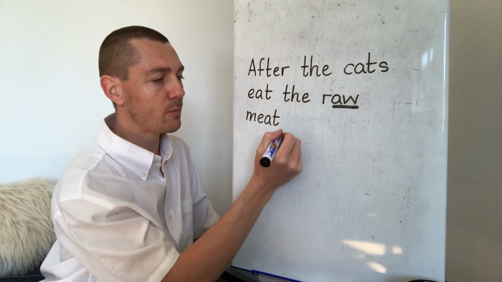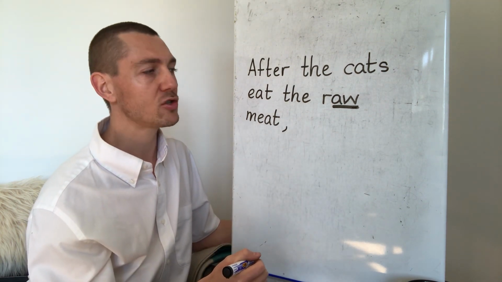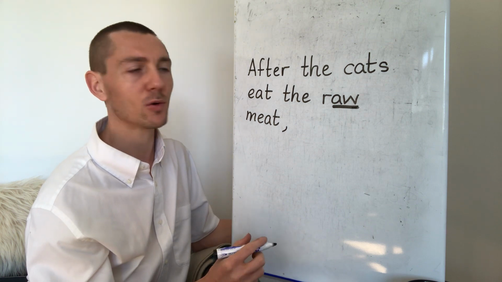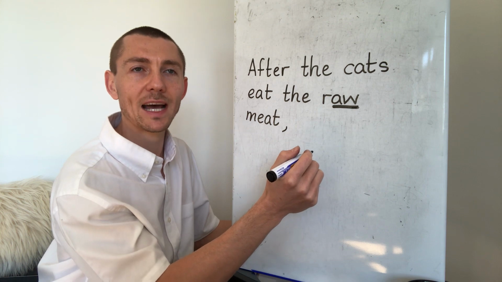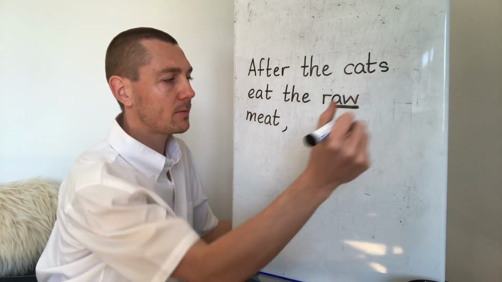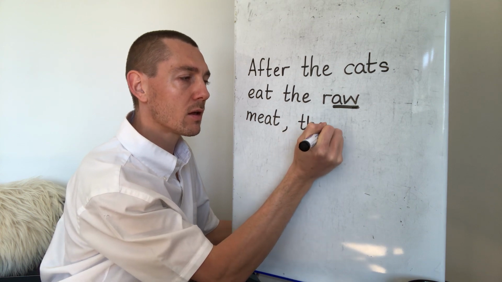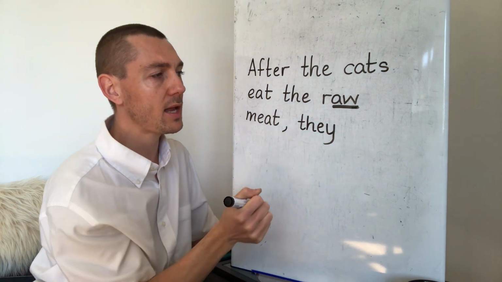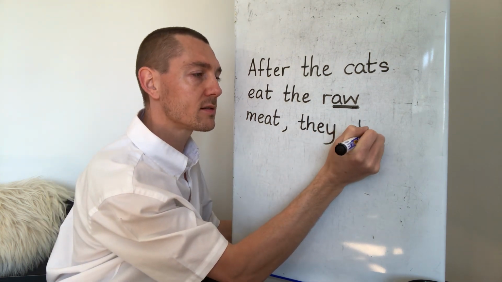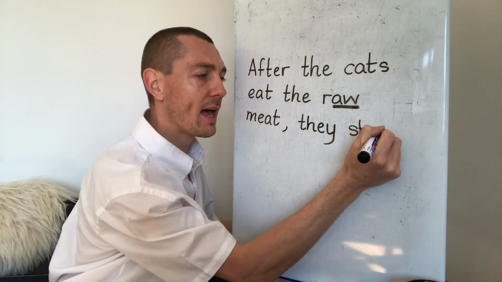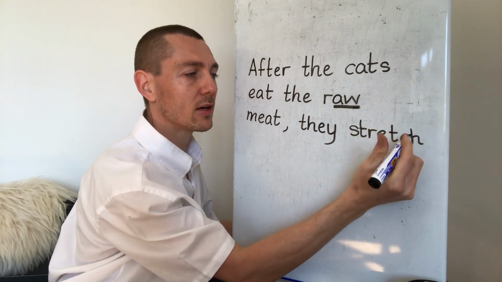After the cats eat the raw meat, comma, they stretch and yawn. 4 words. Over to you, have a try. They stretch and yawn. And we say they stretch. TCH spelling of ch.